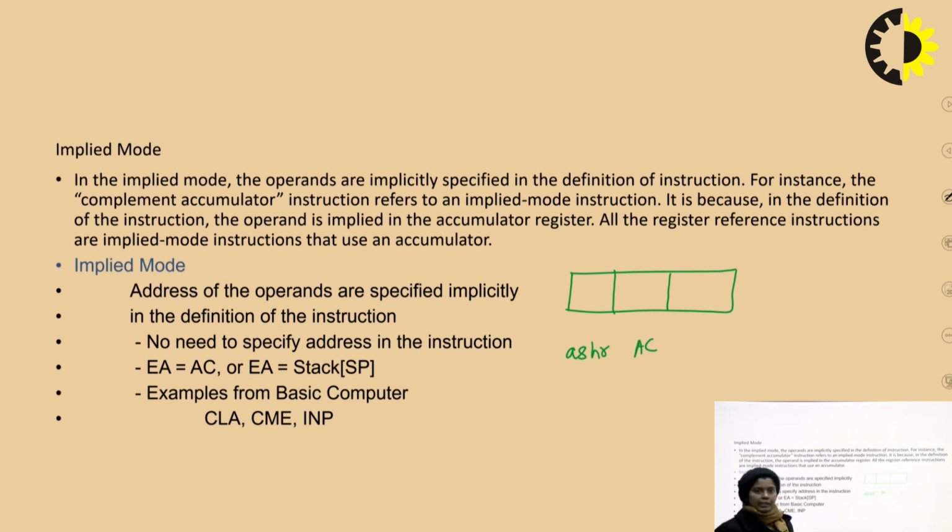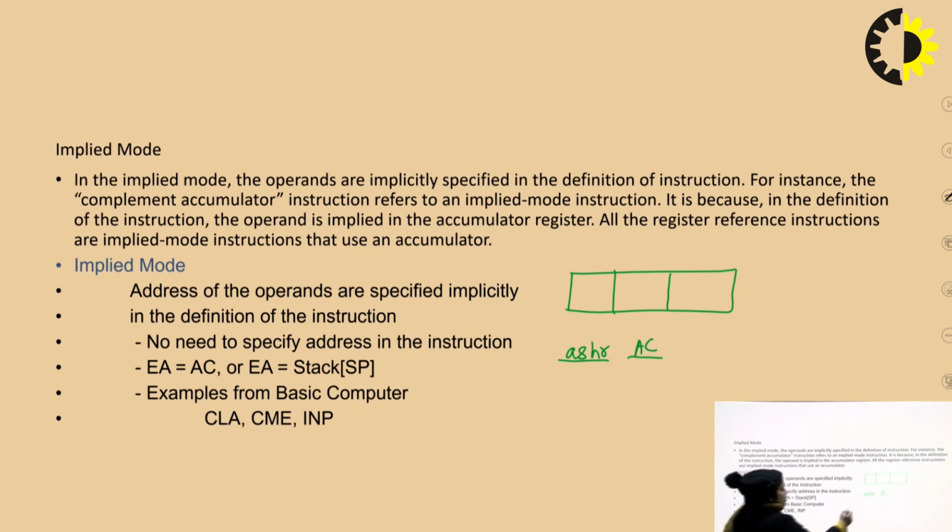This is arithmetic shift right accumulator. Whatever the content of the accumulator is, you have to arithmetic shift it right. It is implicitly defined, which means I don't need any extra data or any extra register to get the final result.